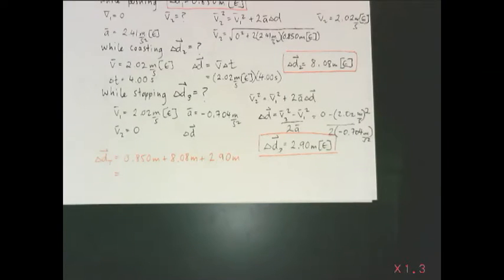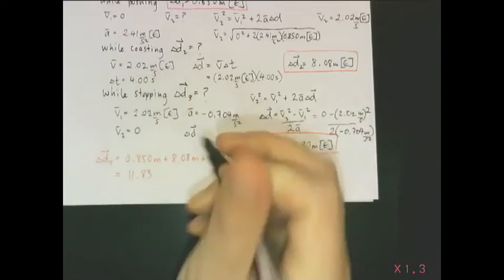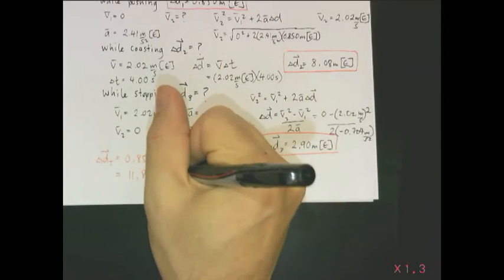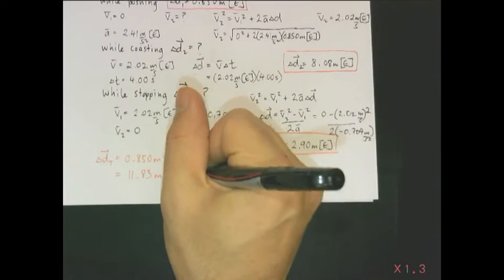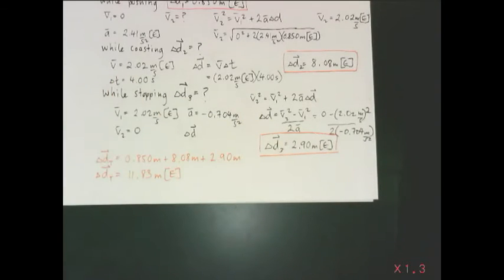To 2 decimal places. 11.8. One more decimal place. 3. Yeah. So because it's positive, we assume that this is traveling to the east. So the total displacement traveled by this ice skater is 11.83 meters to the east.